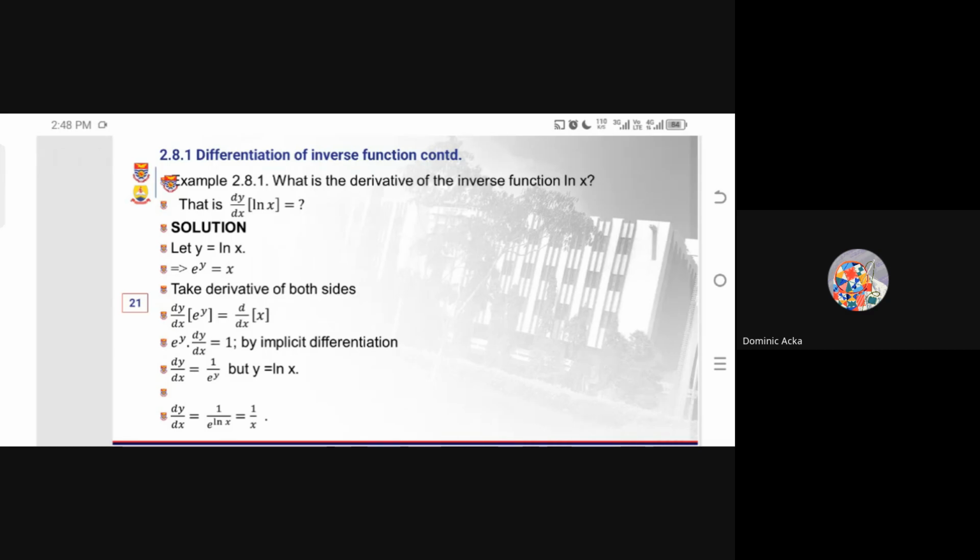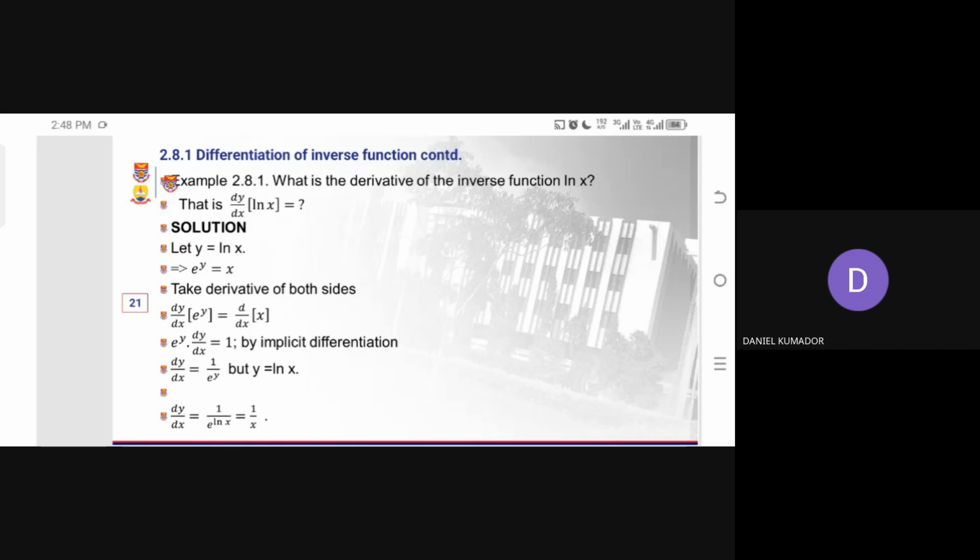What is the derivative of the inverse function ln x? So what is the derivative of ln x? We stated that when you find the derivative of ln x, it is 1 over x. That is very easy.